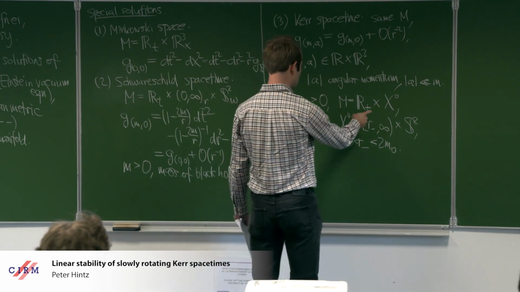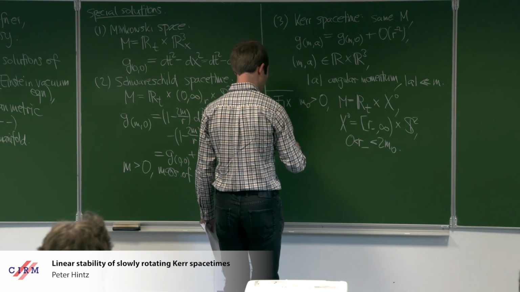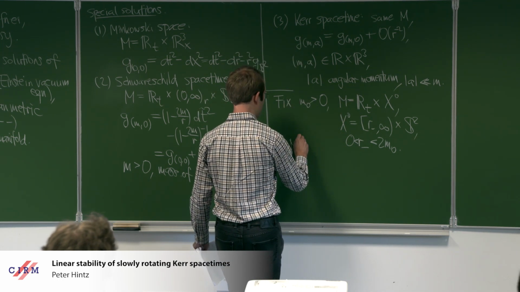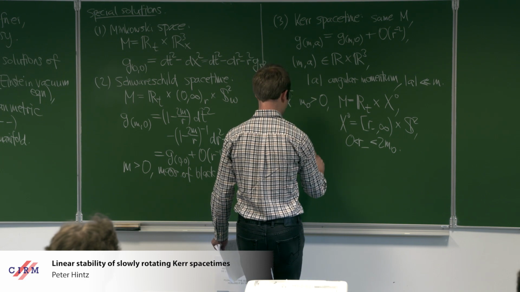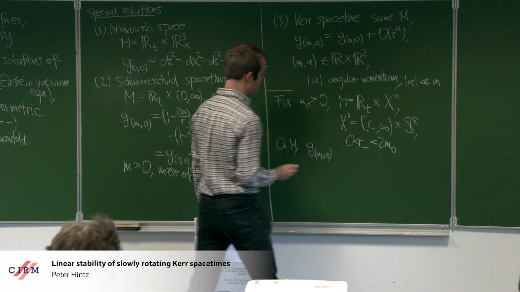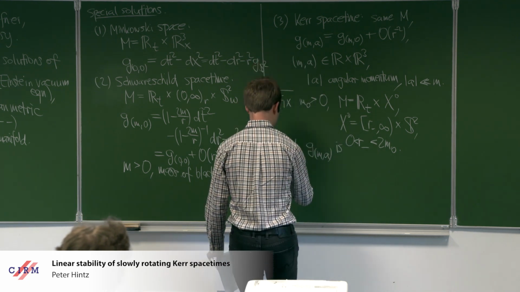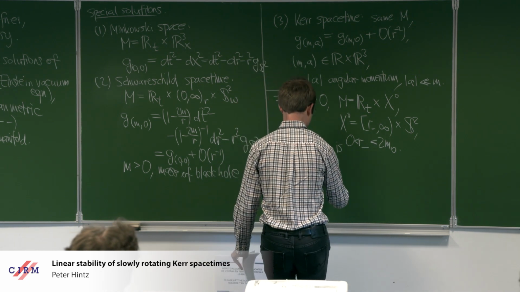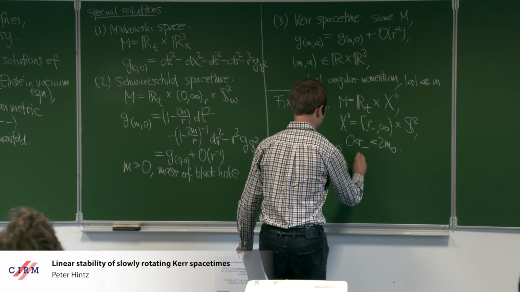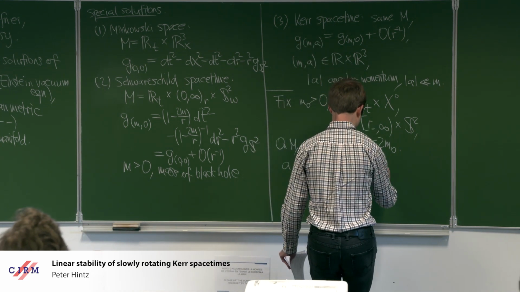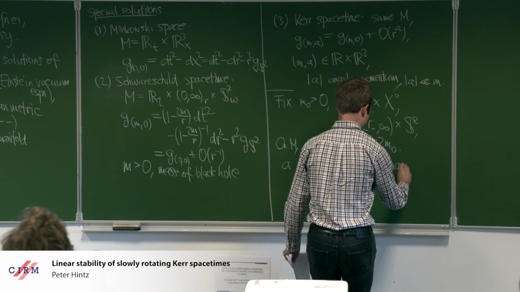And OK, so you can now realize on this fixed manifold M this family of metrics, depending on mass and angular momentum, as a smooth family of stationary Lorentzian metrics.